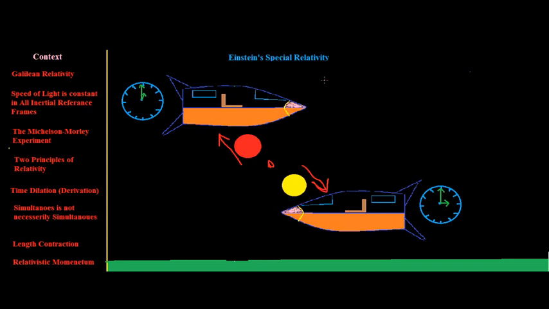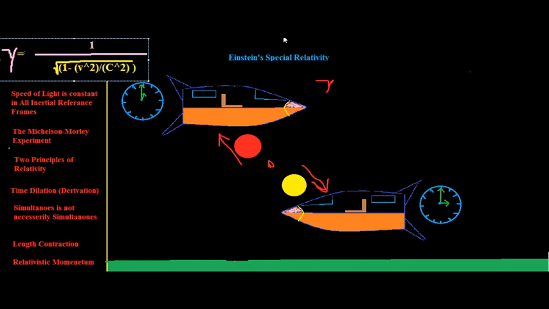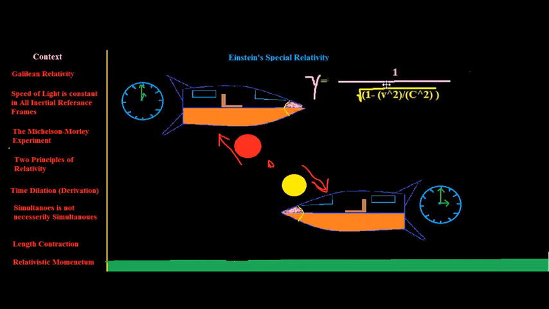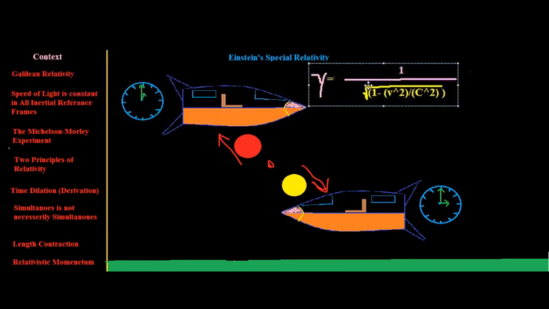So it turns out that this mass is increased by a factor of gamma, which is equal to 1 over the square root of 1 minus v squared over c squared.